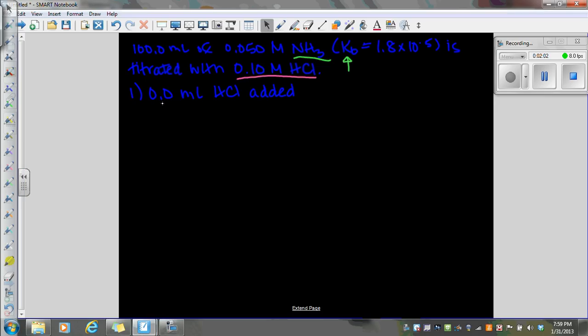Okay, so we have 0 milliliters of HCl added. The step said it's just an ICE chart. So you take the ammonia plus water. That's going to be in equilibrium. The weak base accepts a proton, becomes ammonium, produces hydroxide ion, confirming that it's a base.